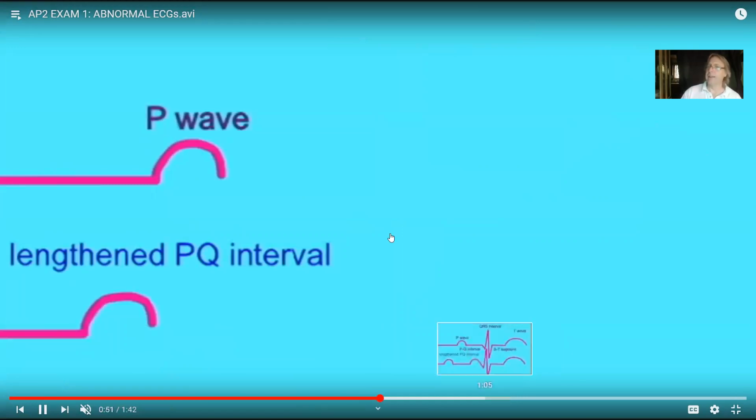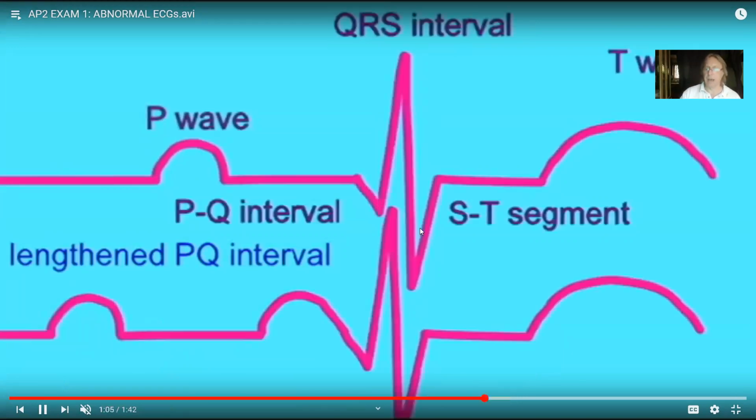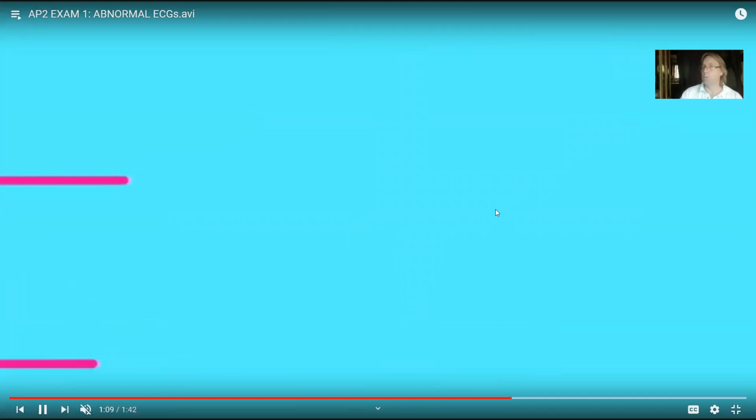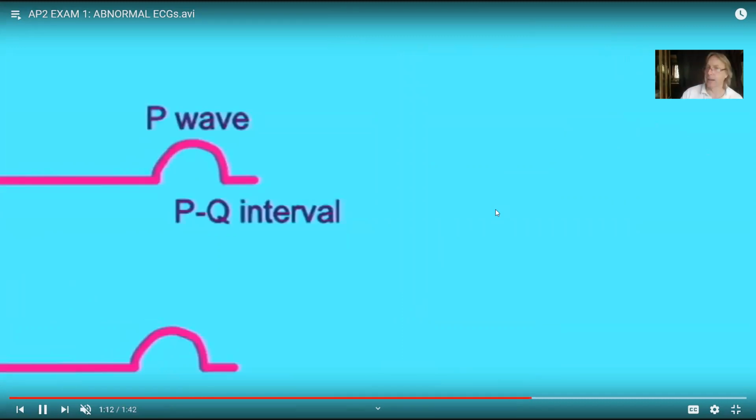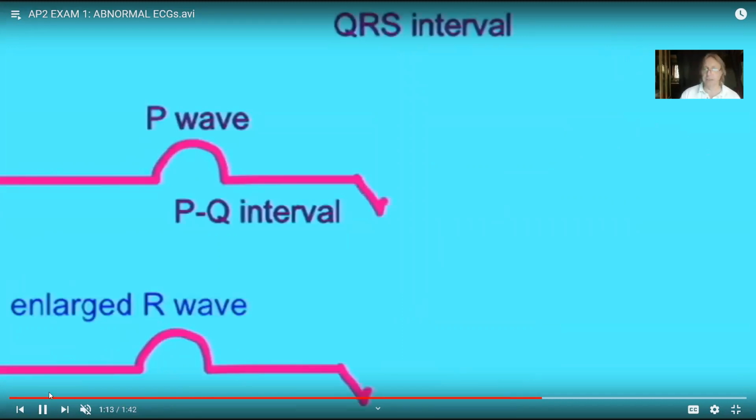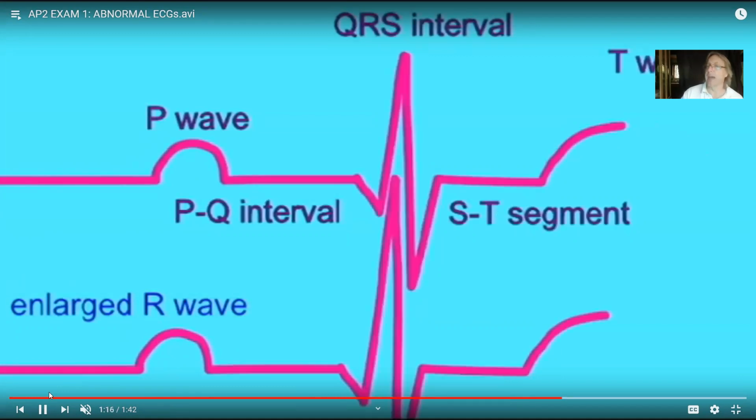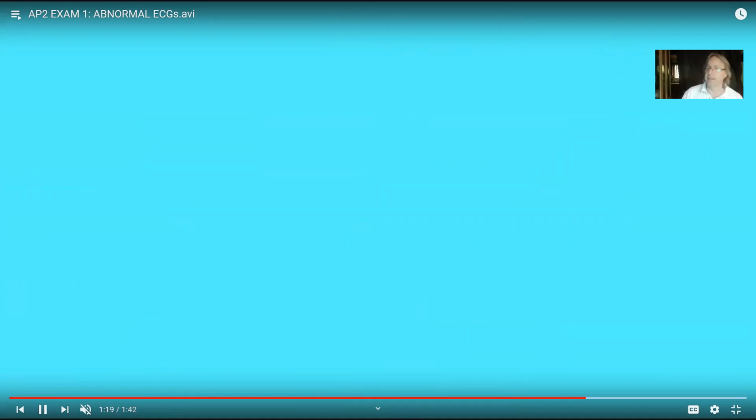Sometimes the QRS complex looks off. So for example, the R wave might be taller than normal if, say, one was having a heart attack. So here's an enlarged R wave. This section here, the ST segment, could be elevated if someone was having a severe heart attack.